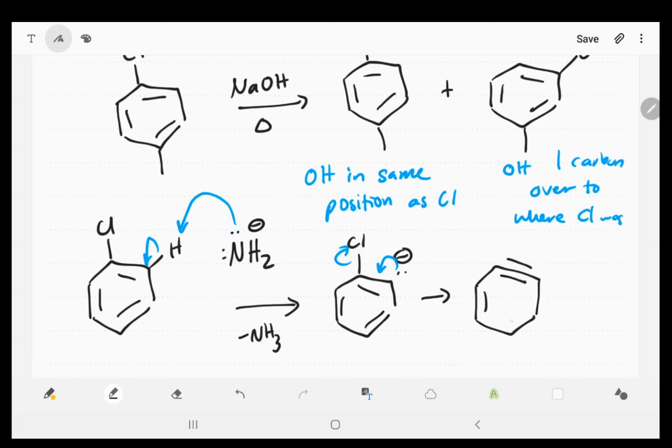You get a triple bond in your benzene, which, as you can imagine, is quite unstable, right?